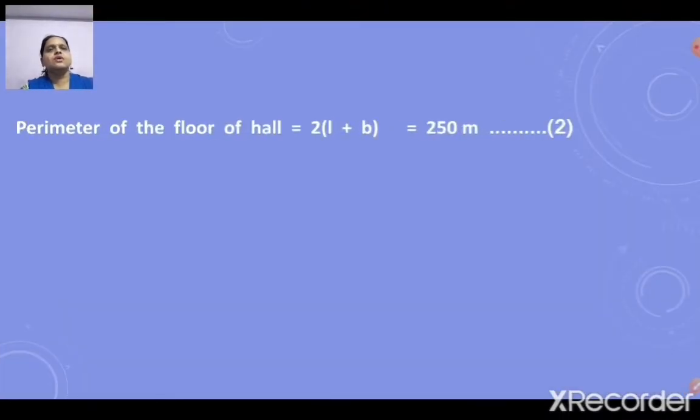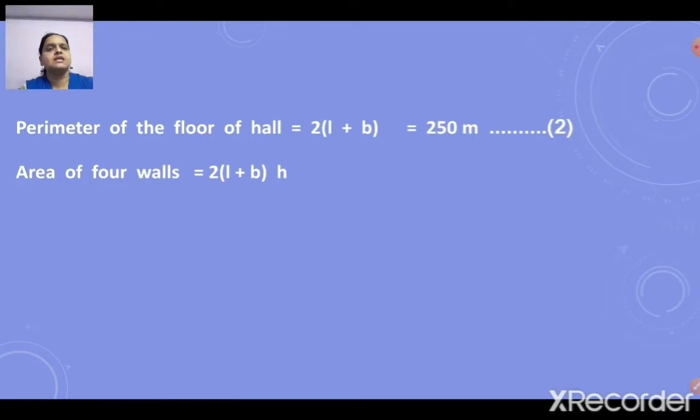Let us continue. Now the perimeter of the floor of the hall. That is just a floor in a rectangular shape, therefore it is 2 in the bracket L plus B, which is already given in the question as 250 meter. Correct? Now let us apply the area of 4 walls.